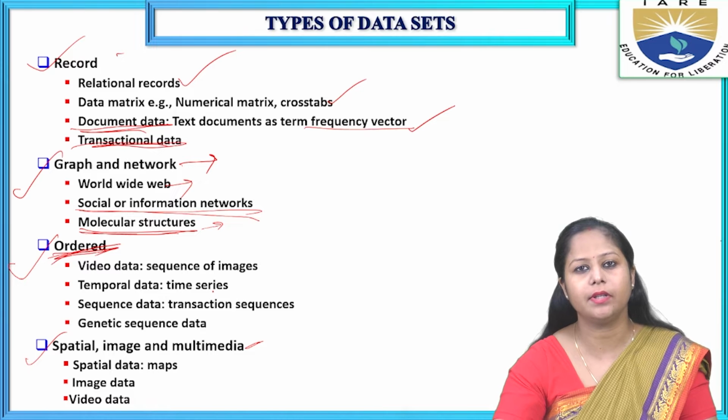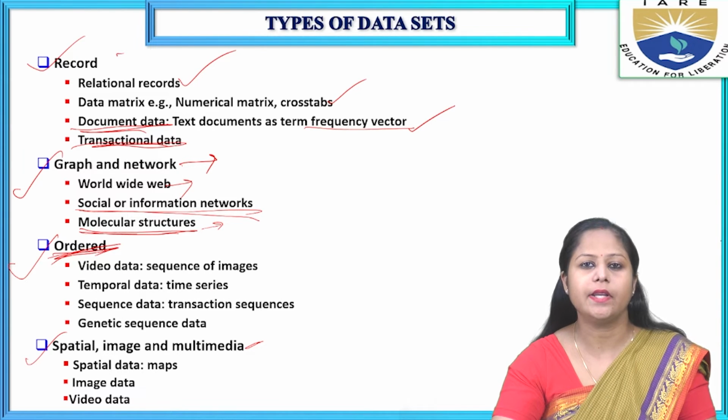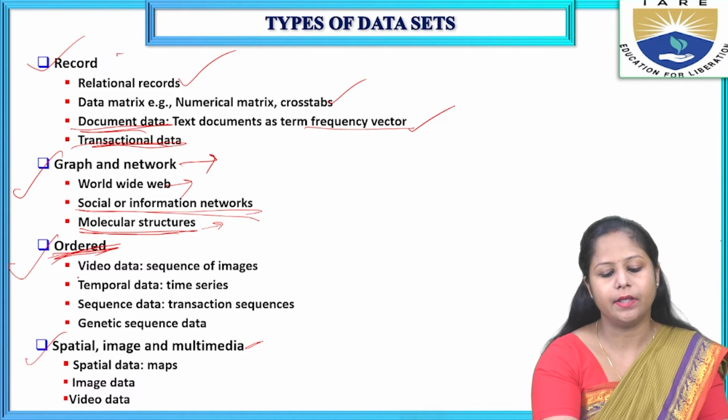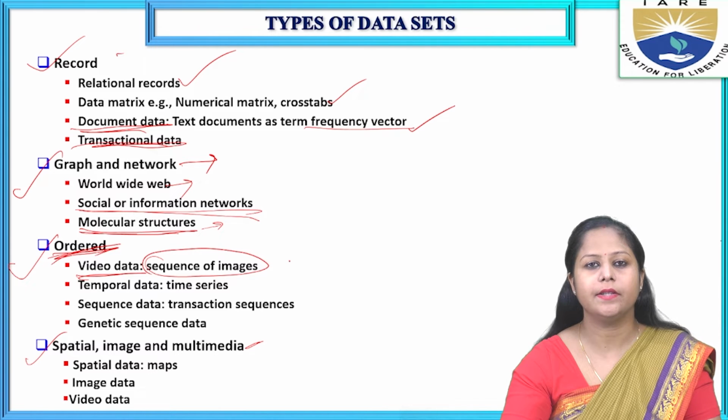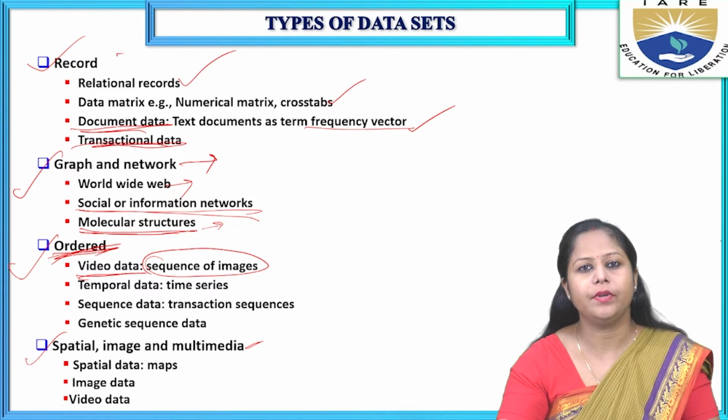In this type of data, video data exists, temporal data exists, sequence data exists, and genetic sequence data also exists. Video data is nothing but a sequence of images, which we see as a video that is running.